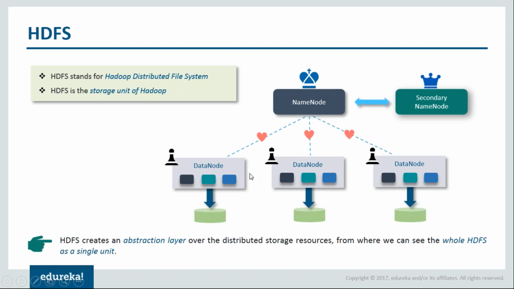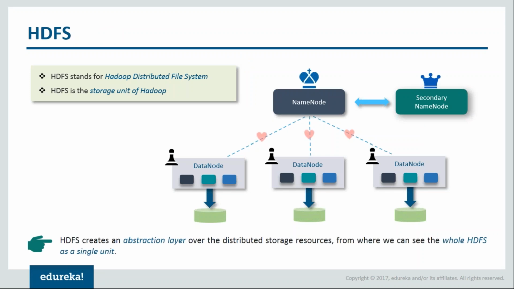So whenever you dump a file into HDFS and it gets distributed, your data is stored in the data nodes. And the best thing about HDFS is that it creates an abstraction layer over the distributed storage resources. So when you're dumping the file in HDFS, it gets distributed in different machines. But you can see the entire HDFS as a single unit because it is laid out in such a structure.